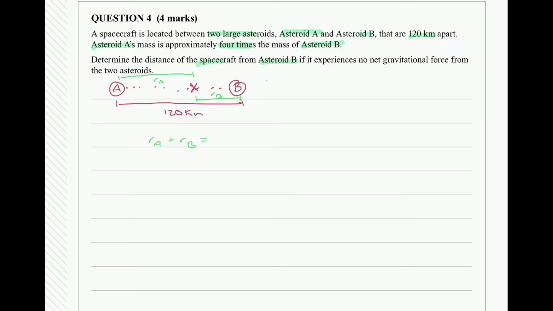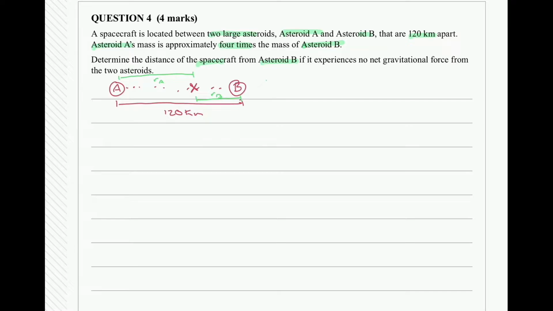It's this distance here tacked on to that distance there, and that's going to make our 120. So that's going to be an important thing to remember when we come back to it a little bit later. So I'll cross that out for now.